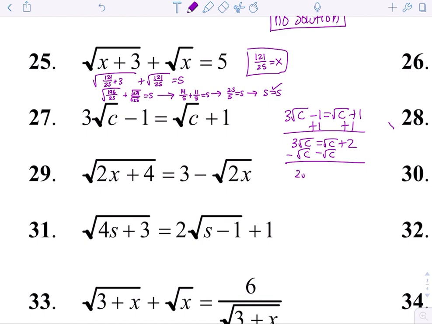So we're going to get 2 rad c is equal to 2. Divide both sides by 2. Rad c is equal to 1. Square both sides. C is equal to 1. Check your work. 3 square root of 1 minus 1 equal to square root of 1 plus 1. We get 3 minus 1, which is 2, and radical 1 plus 1, 2. So that is an answer.